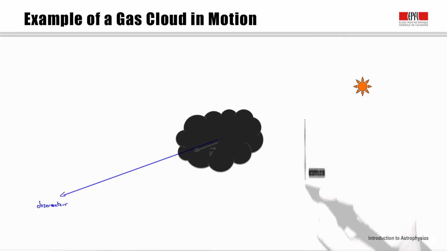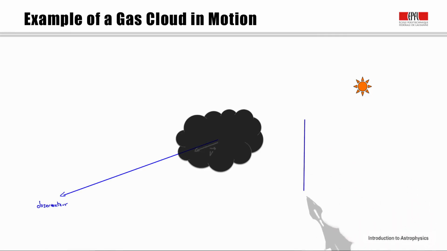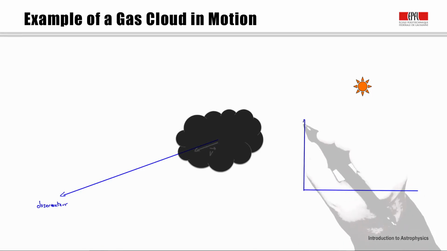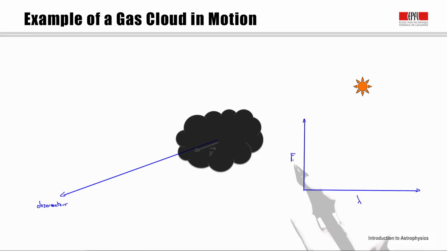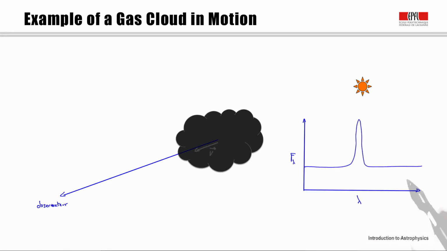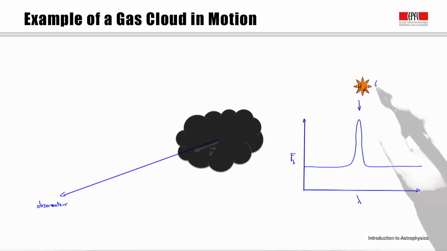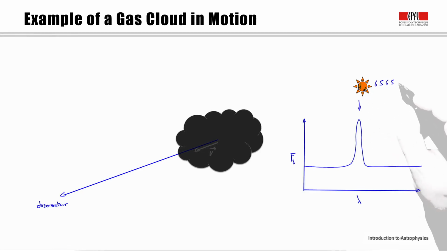We place two axes and draw a simple spectrum that is just an emission line. On the y-axis, we have the flux, F lambda, and the x-axis corresponds to the wavelength. If we consider this simple spectrum composed of one emission line, for example, the hydrogen line, H alpha, at 6,565 angstroms, what will happen to this line?